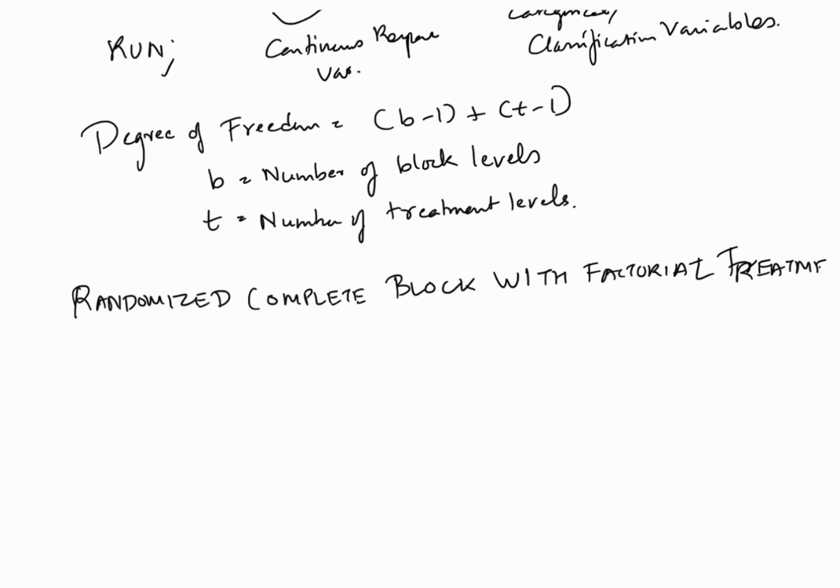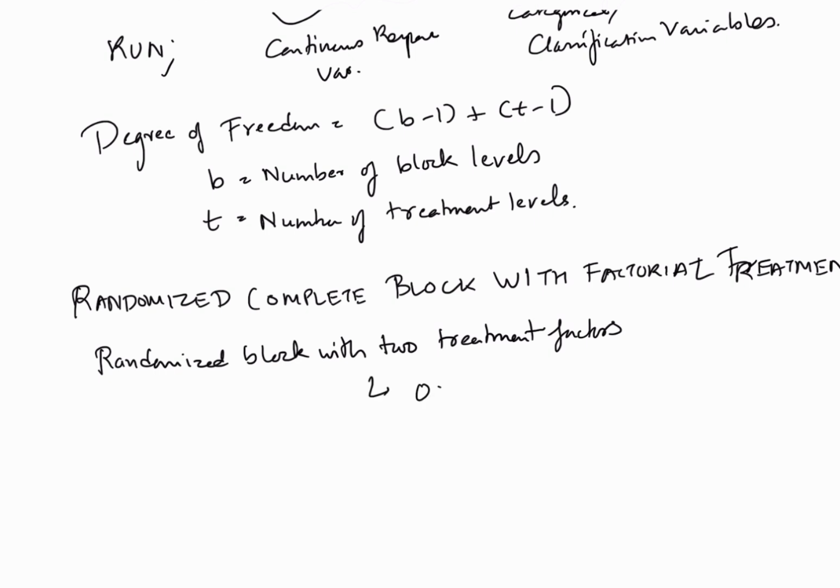Let's say you are doing a randomized block with two treatment factors, which might occur in a factorial structure.